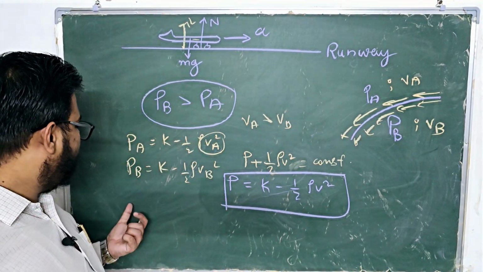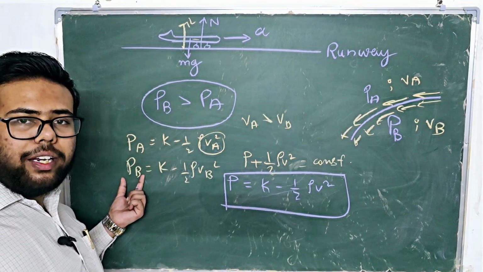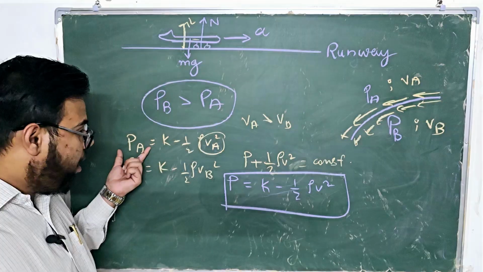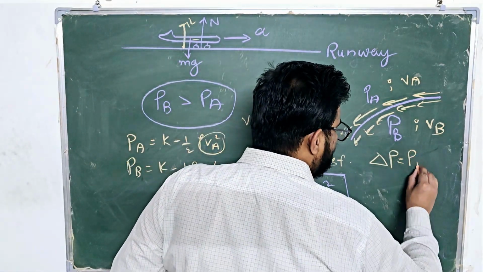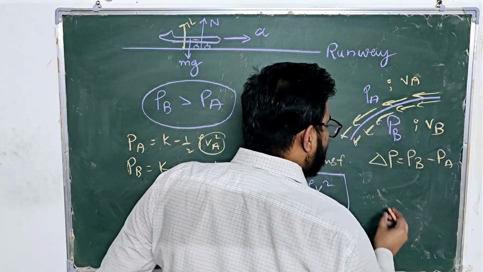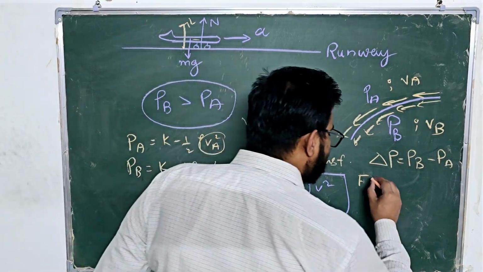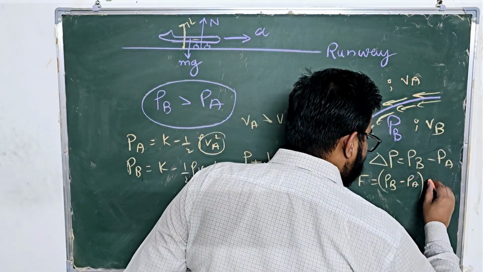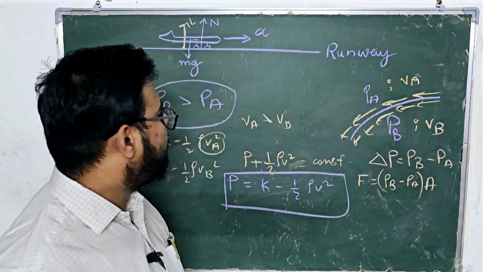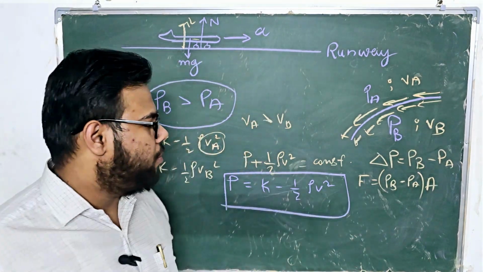So from here you can clearly see that if VB is small, then PB has to be a greater value as compared to PA, which will create a pressure difference delta P, PB minus PA, and hence an upward lift force, PB minus PA times the surface area of the wings. So this is the lift force actually.